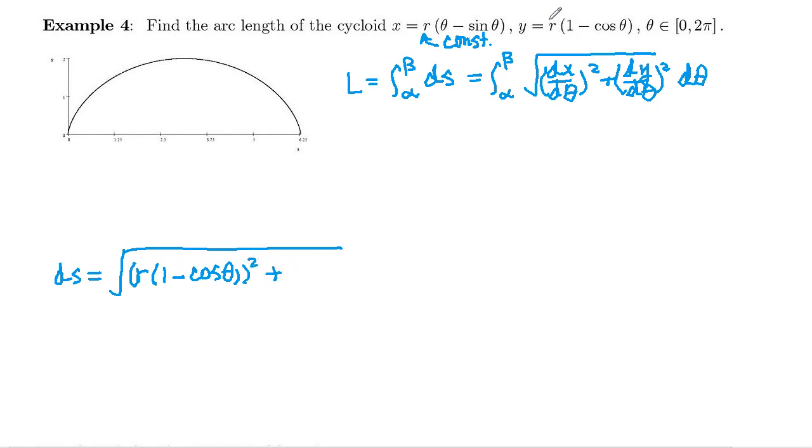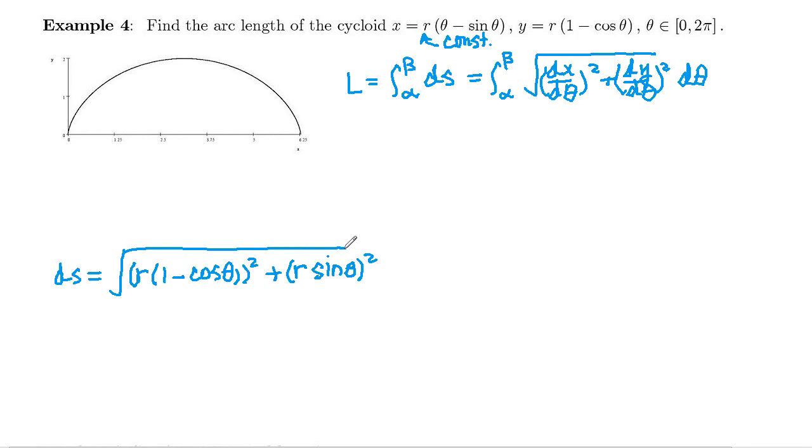Again, pull the r off in front, and then derivative of 1 minus cosine theta: derivative of 1 is 0, derivative of negative cosine theta is sine theta. So this will actually be r sine theta, and that gets squared.